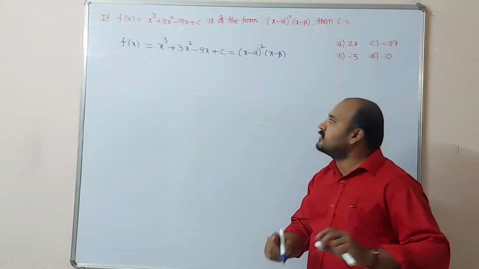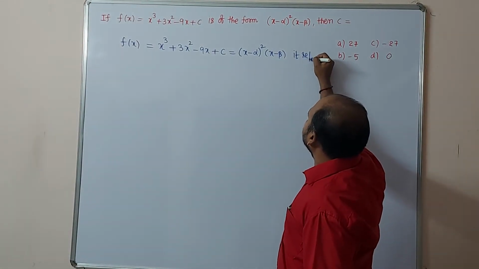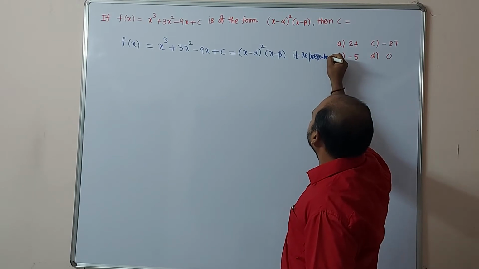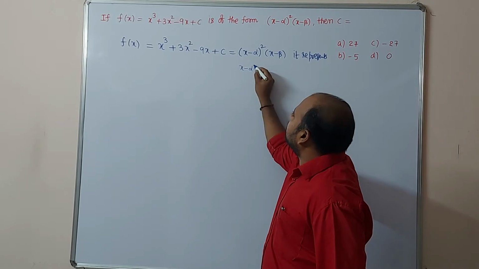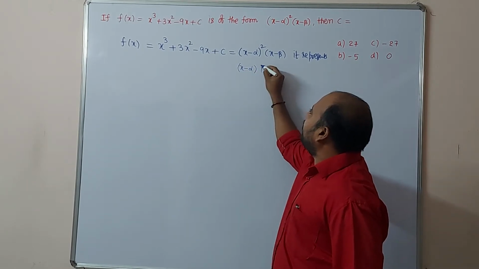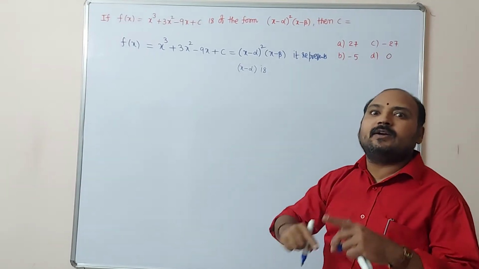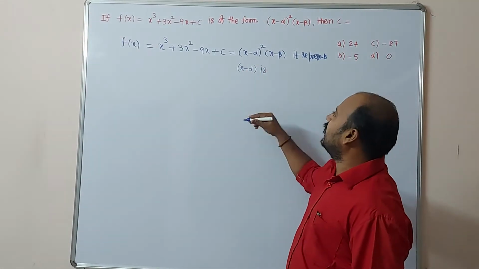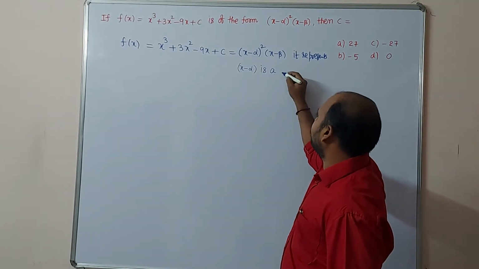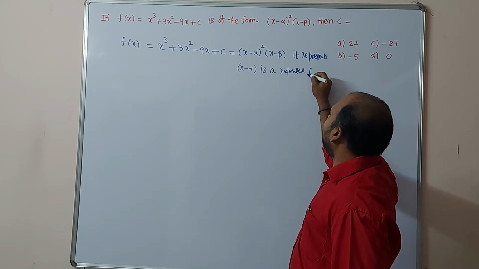Observe here, students, it represents that x minus alpha is a repeated factor, or x is equal to alpha is a double root, of order 2, second order, a repeated factor.